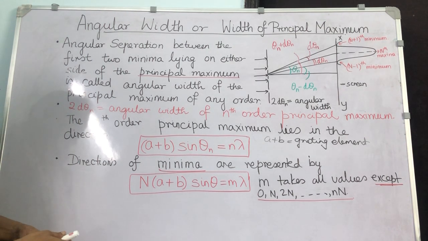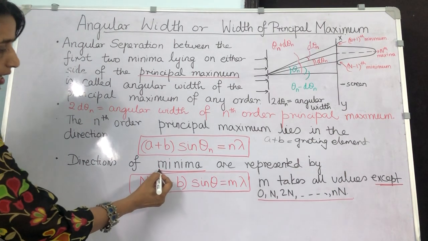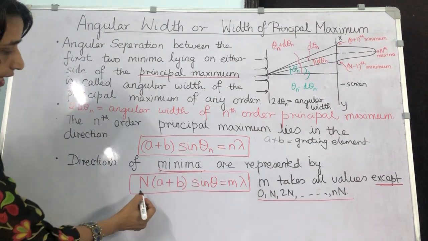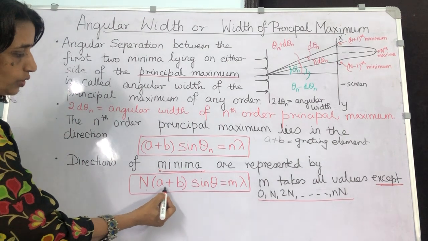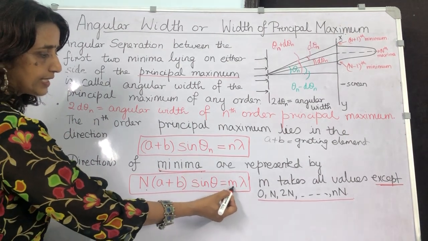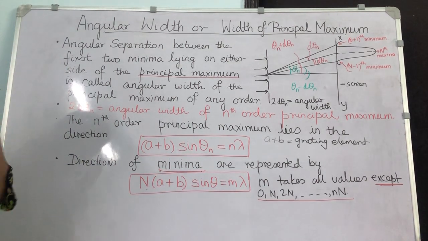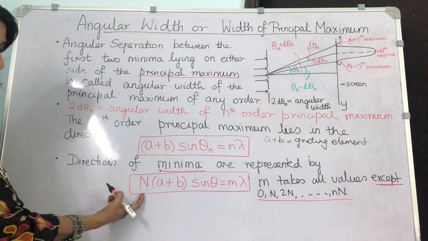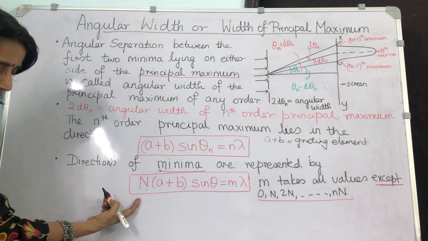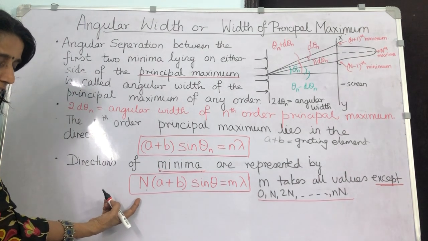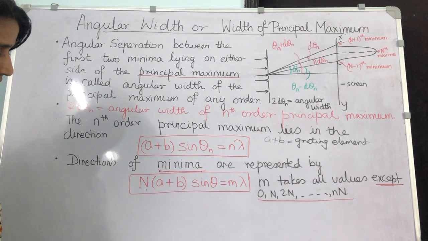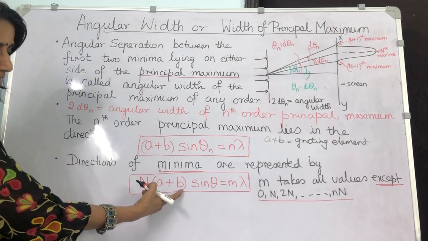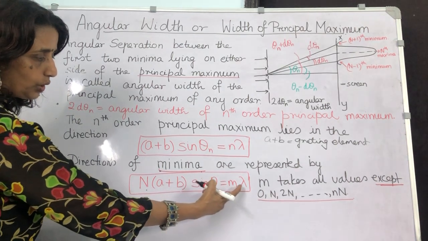Now the direction of minima. Minima are represented by N(a+b) sinθ = mλ. Here N is the number of slits, and (a+b) again is the grating element.